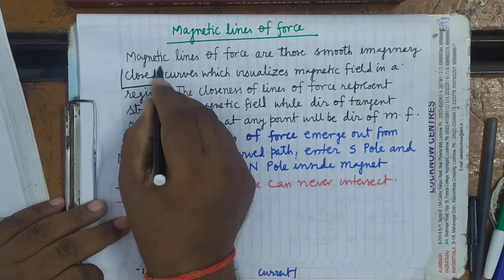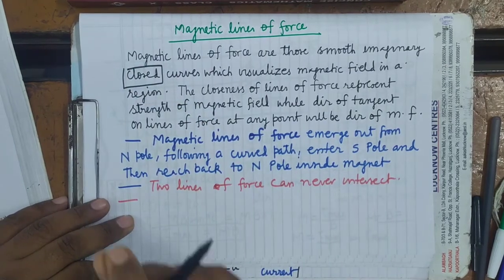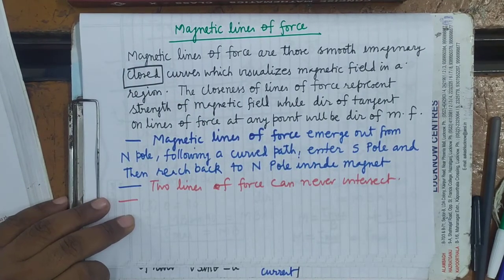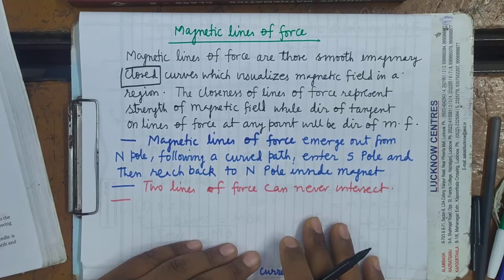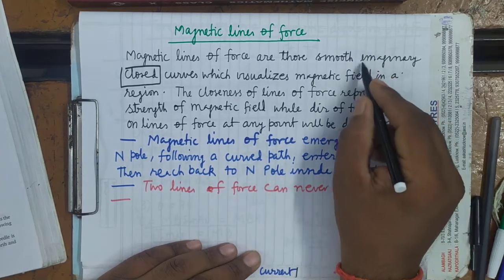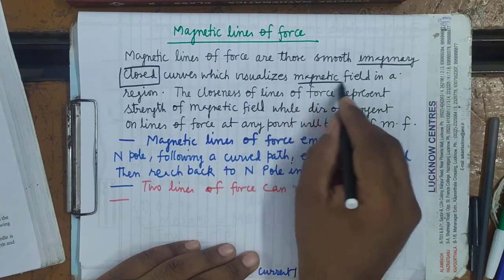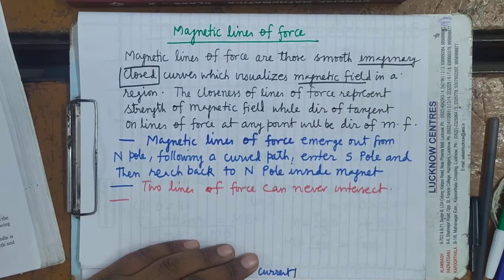This is the extra term, and this word is not present in electric lines of force. So magnetic lines of force are those smooth imaginary closed curves which visualize the magnetic field. Means the lines of force are imaginary, but the magnetic field which they are representing is real.